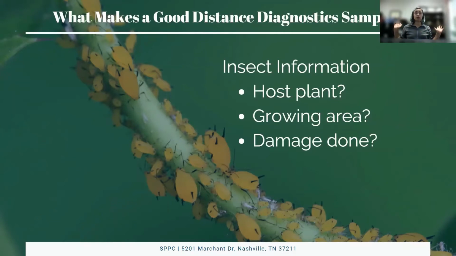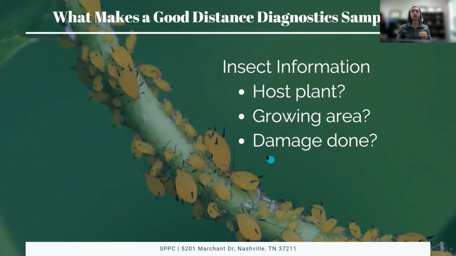So taking a picture of the entire plant, of the entire growing area, gives me a lot more information about other environmental factors that could be causing stress, plant competition, too much shade, to being close to something like a downspout on a building causing too much water sitting in the soil. All of those bits of information are really helpful if I get more images of the entire growing area.